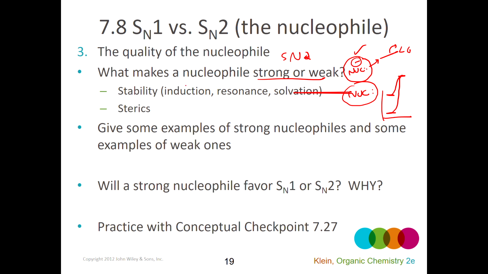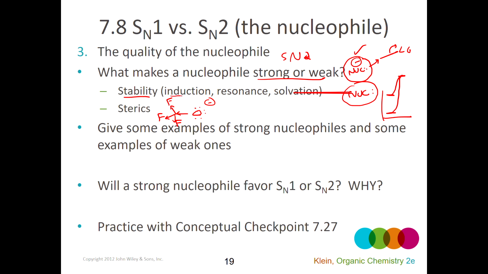So if the nucleophile is stable, maybe there's induction. So I could have, maybe if I have an oxygen that's negatively charged, that's probably a pretty good nucleophile. But if there's a bunch of fluorine atoms here, that makes it a weaker nucleophile, because the fluorine atoms attract electrons and that pulls these electrons over, and so there isn't as much negative charge around the oxygen, right?